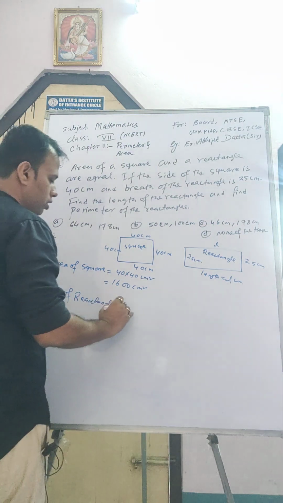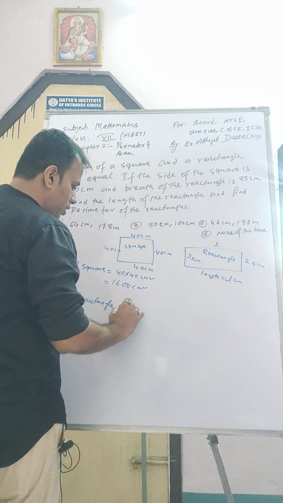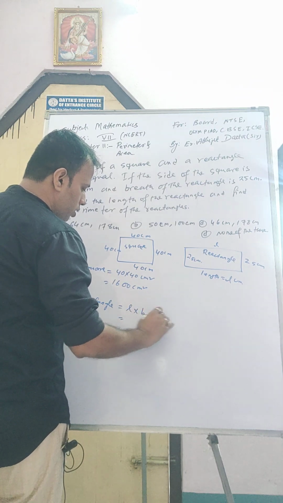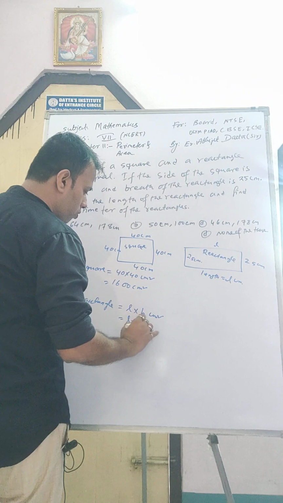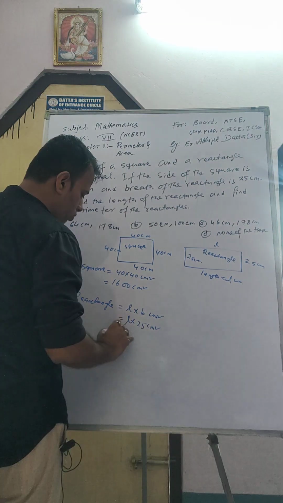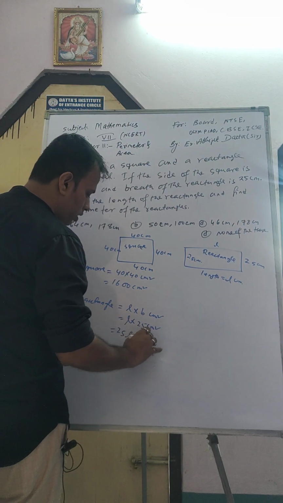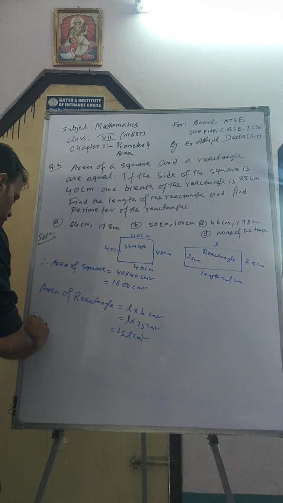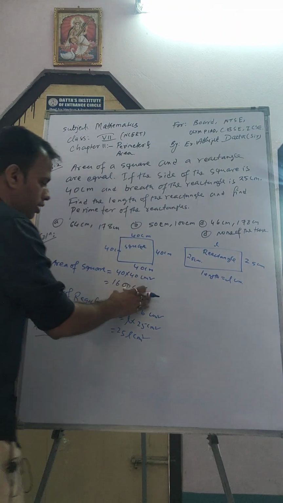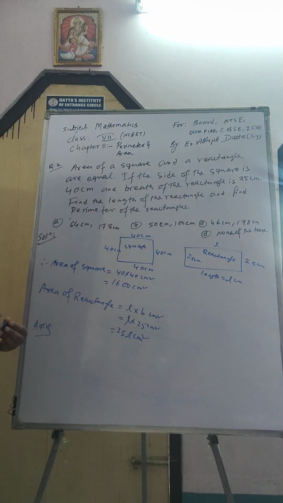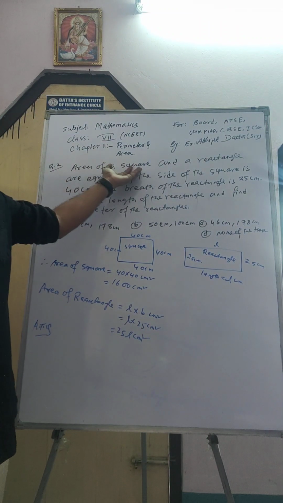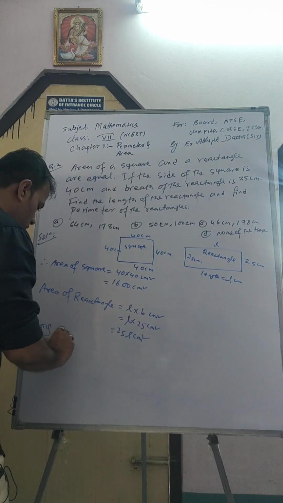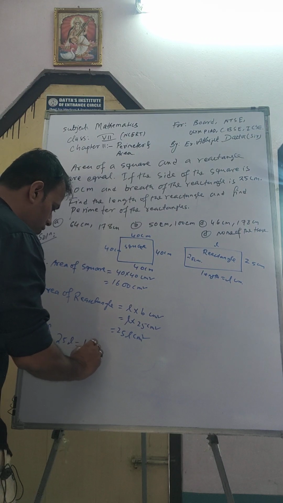Area of the rectangle is length into breadth, that is L into 25 centimeter square, that is 25L centimeter square. Now according to the question, this area is equal to this area. Why? Because in the question they gave that the area of the square is equal to the area of the rectangle, is it not? So 25L is equal to 1600.